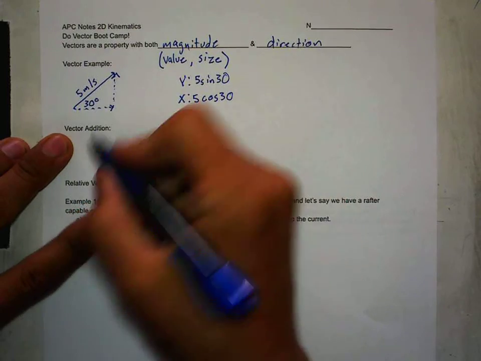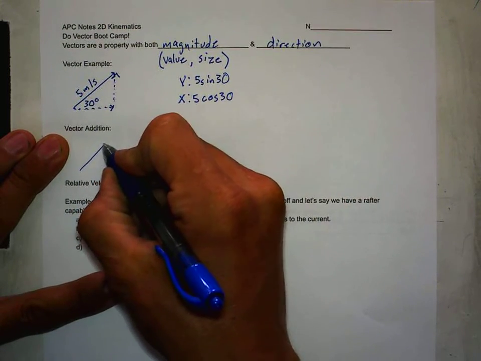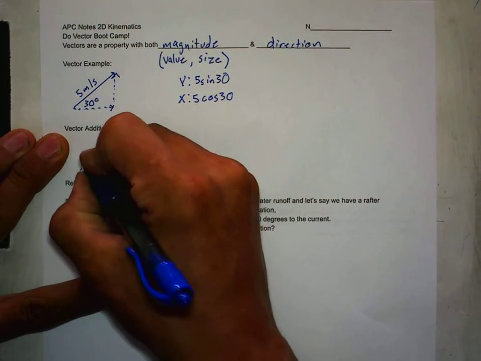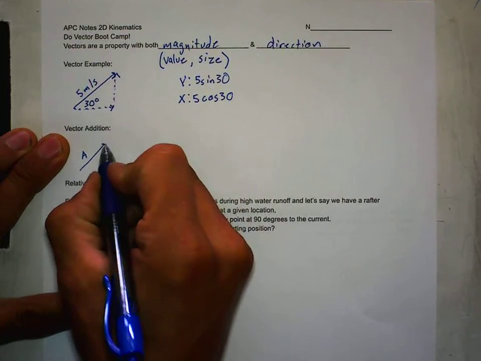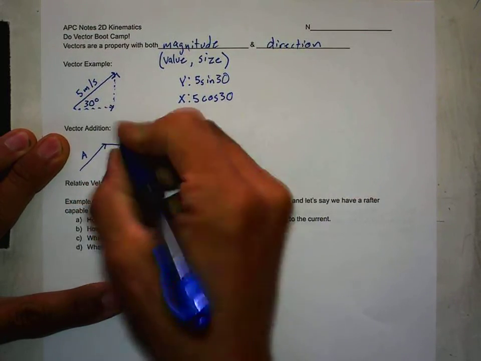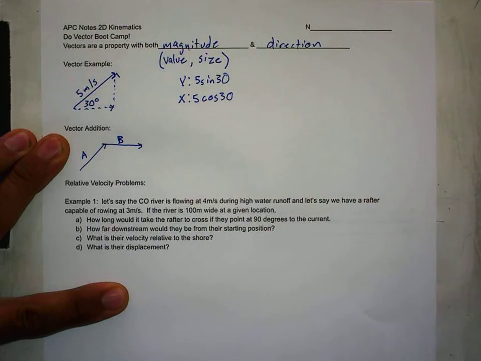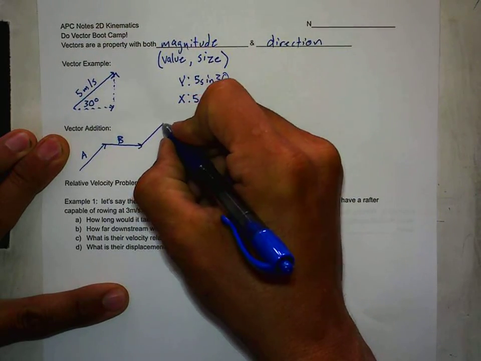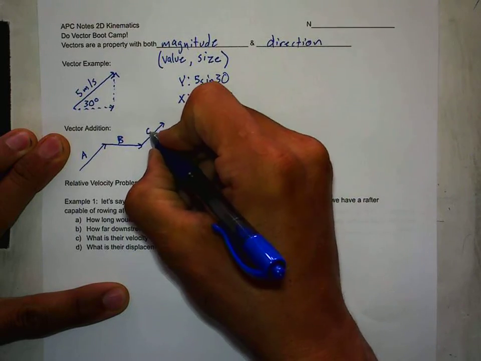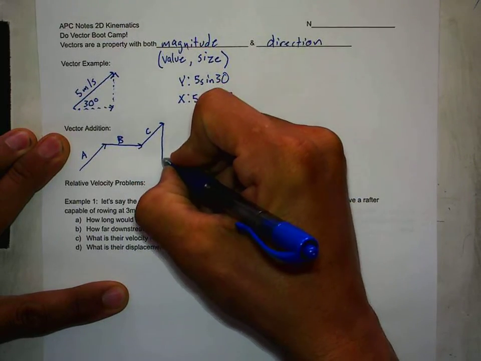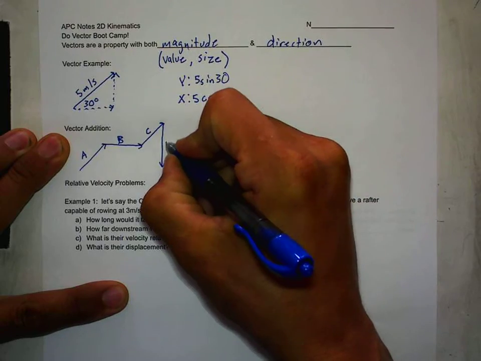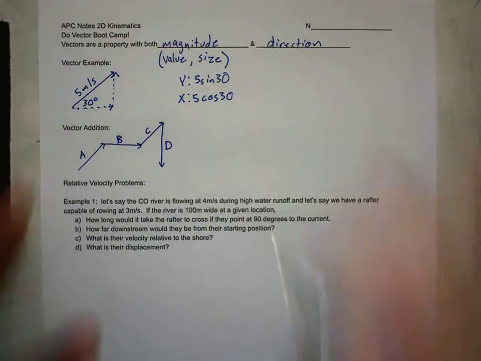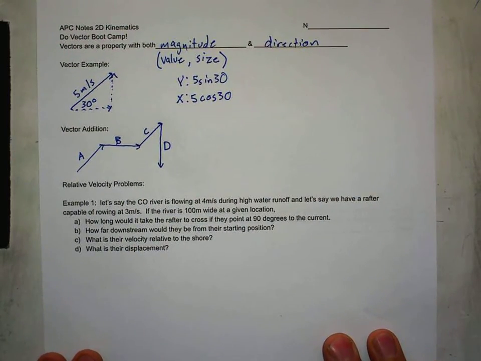Vector addition. Okay, let's say I have vector A, vector B. These could be displacement vectors. Vector C and vector D. And a good example of vector addition for that, if those were in meters, that might be like certain bearings that a hiker took.